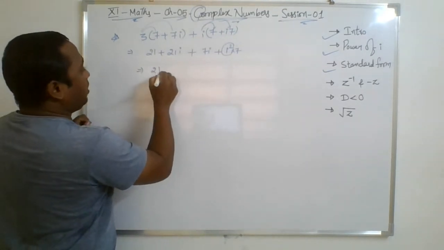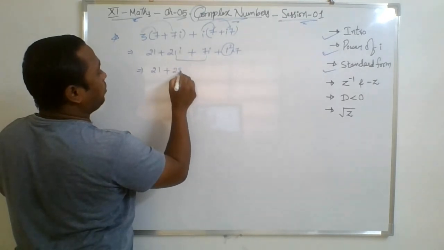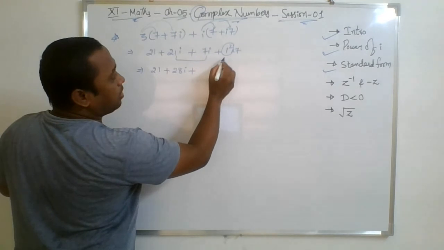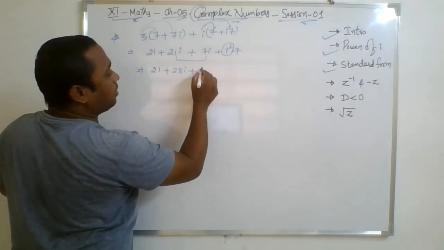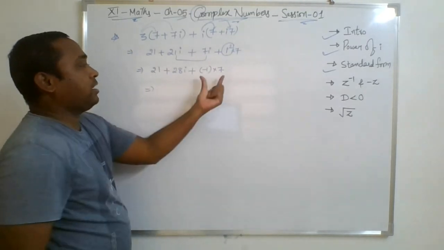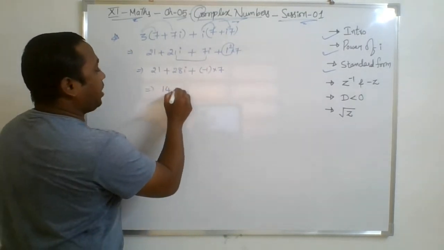So 21 plus 21i plus 7i will give 28i. Then i square is minus 1, so minus 1 into 7, so minus 7. Minus 7 plus 21 is 14.